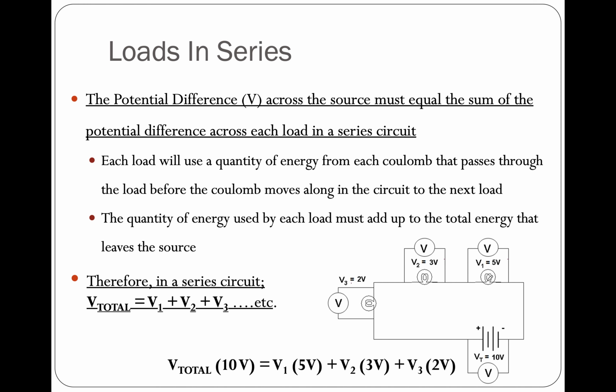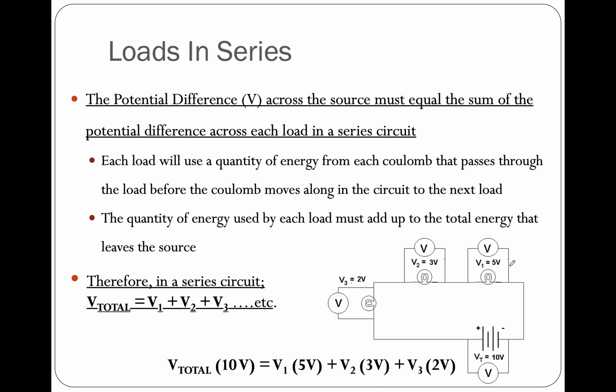Then we go along to the first bulb, the first load, connect a voltmeter across, and its reading tells me 5. Then I put a voltmeter across the second bulb. That voltage is 3, and then the last one voltage is 2. Notice 2 things. A, that these numbers are all different, okay?